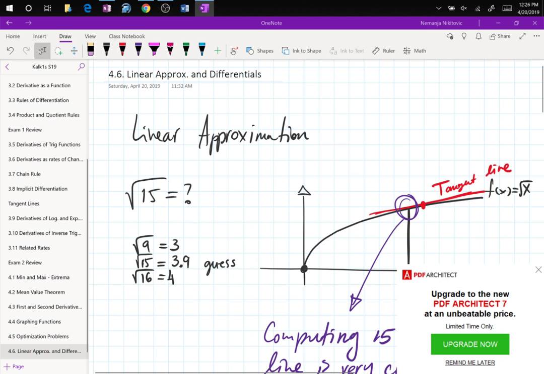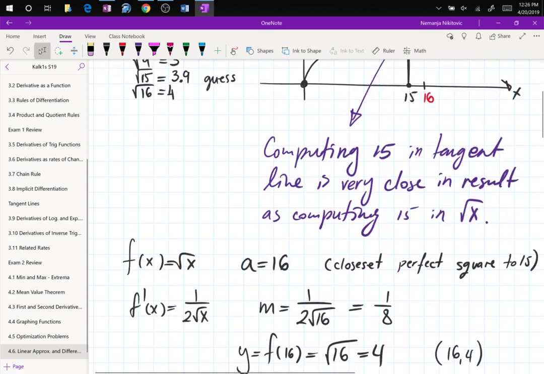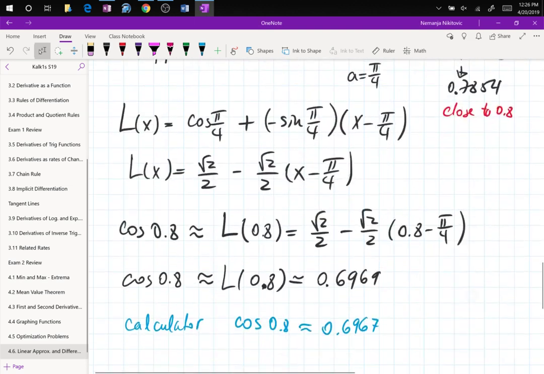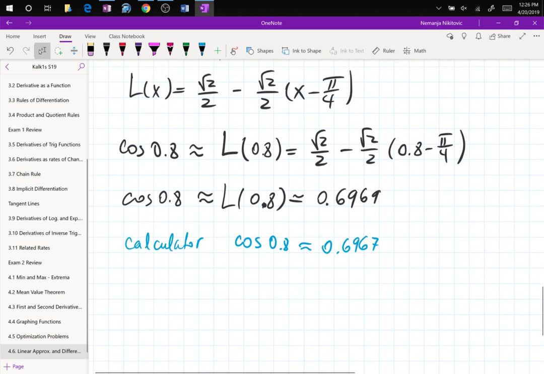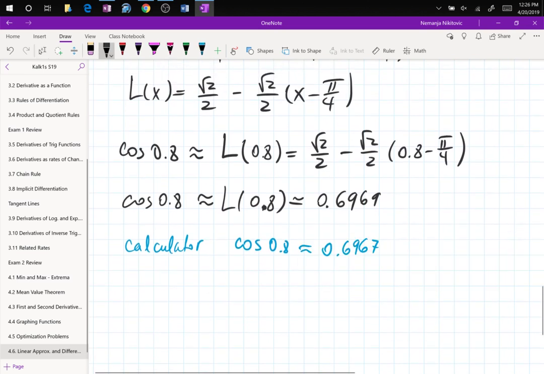Say you don't have the calculator handy, so you can calculate things differently. Now, the second part of this is differentials.